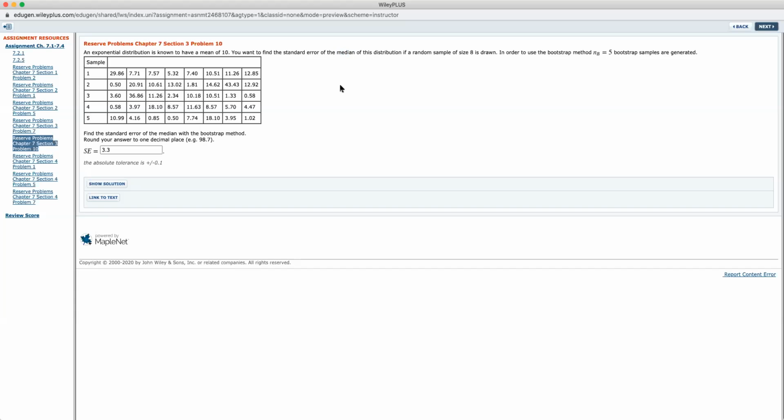So we want to find the standard deviation of the bootstrap sample median. Okay, so what we have to do is find the bootstrap sample median for each sample. Okay, bootstrap samples. So see now, that's step 1.